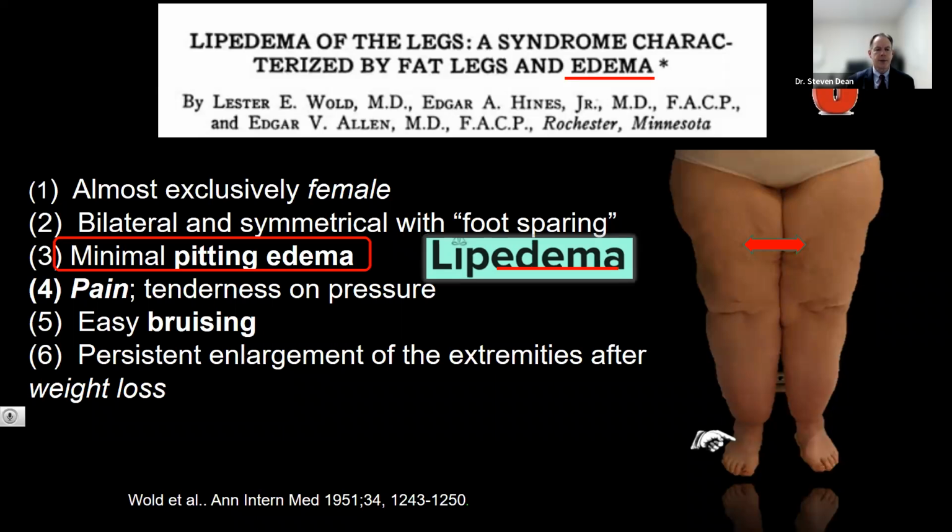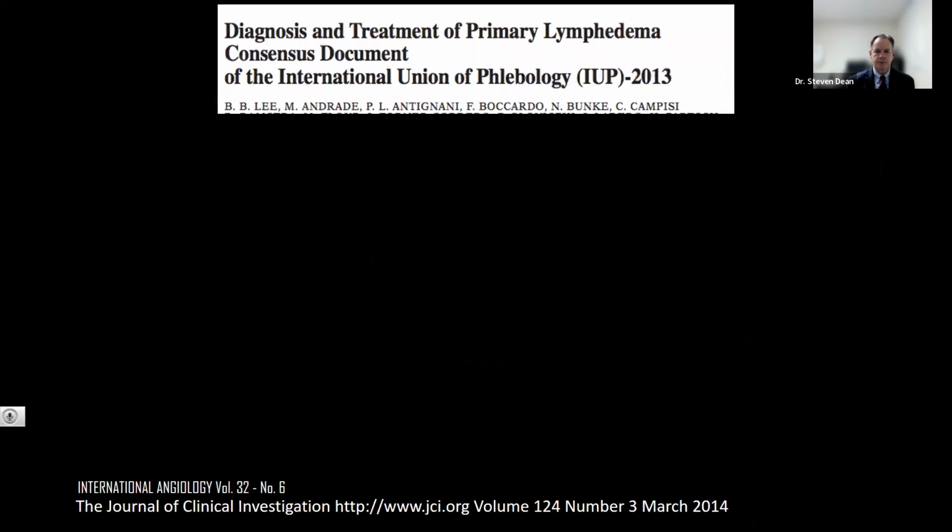And unique to the lipedema patient is this persistent enlargement of the extremities even after weight loss. But again, I just want to draw your attention to number three. We're going to concentrate on not only the minimal pitting edema, but fixed lipo-lymphedema, the pathomechanisms.